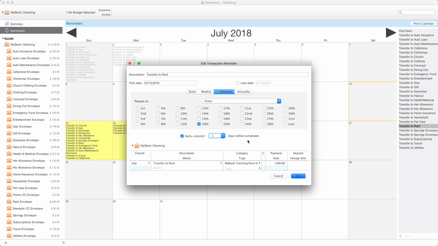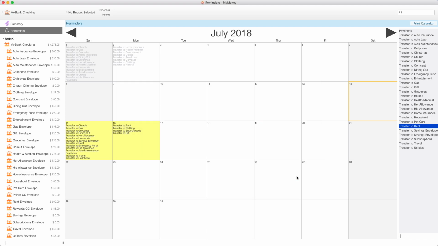So it shows on the schedule, but it would actually go ahead and post it on the 15th because I say I want it to auto commit one day before the scheduled date on here. That's just a little hack that you have to do to get that to work for you. Okay. So for now, I'm just going to leave it as is.